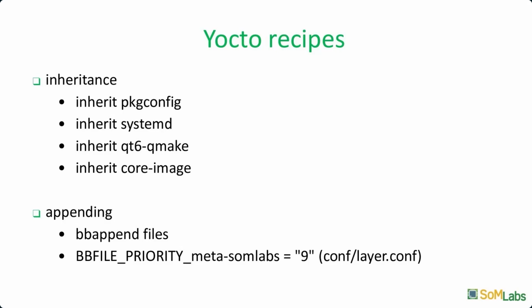So each meta layer has also a priority value, which tells the BitBake tool in which order the meta layers should be aggregated and processed to avoid conflicts. So each meta layer has its own priority, like Meta SoMLabs has the priority 9. It's used at a later stage after all the lower priority meta layers are processed.